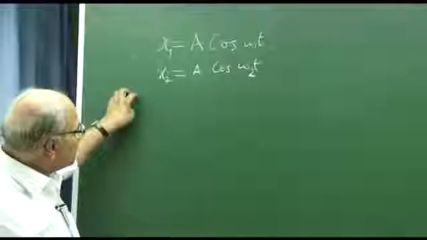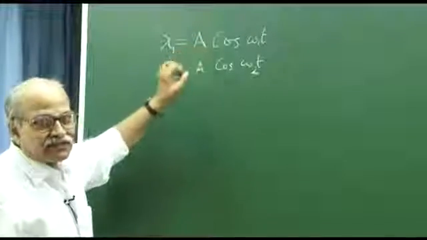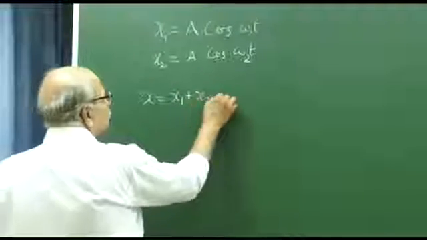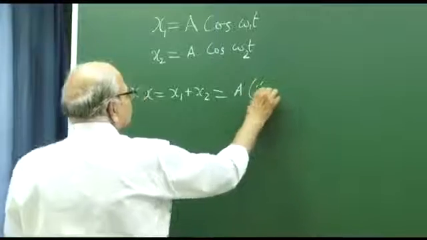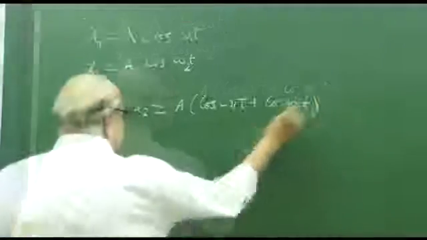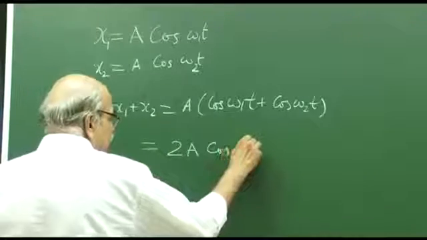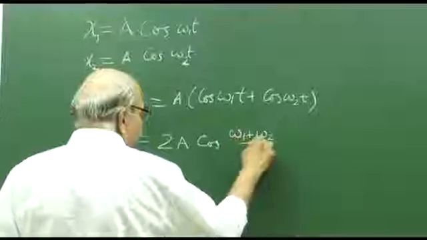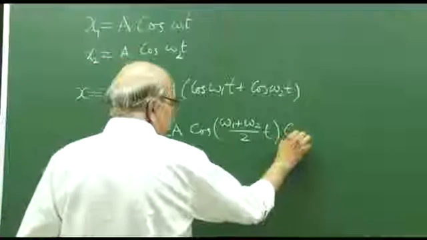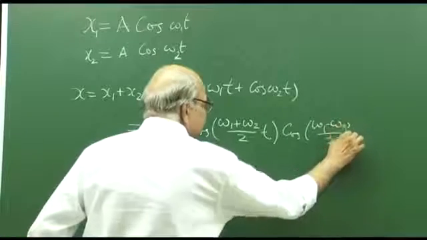If that object is given both these oscillations together, then it will have x, which is x1 plus x2, which will be a cos of omega 1 t plus cos of omega 2 t, and that will be 2a cos of (omega 1 plus omega 2)/2 t and cos of (omega 1 minus omega 2)/2 t.